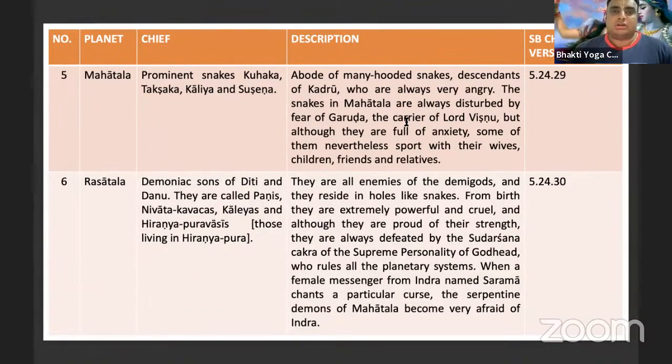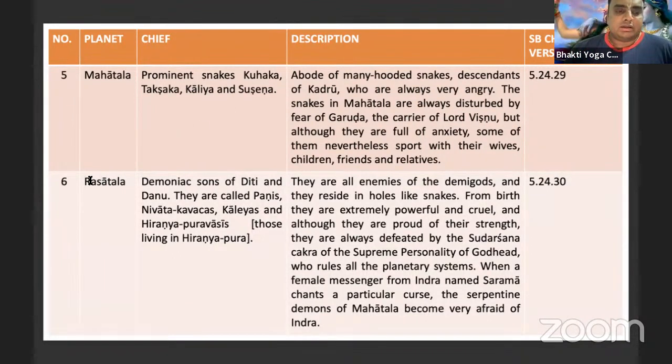Similarly, even we as conditioned souls tend to forget that we are caught in this repeated cycle of Janma Mrityu Jara Vyadhi. But at least being in this middle region, we are still more fortunate than the residents of the lower planetary systems.